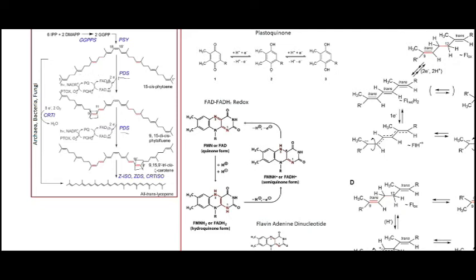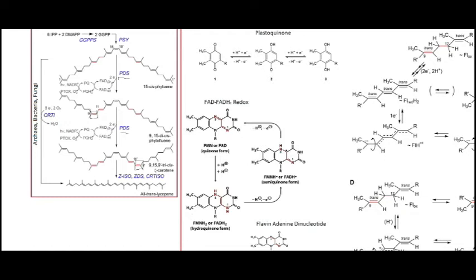From the FAD, it's taking electrons, which is reducing the FAD, which then passes the electrons onto the plastoquinone, turning it from this into this, and then the plastoquinone actually passes that on to oxygen here, which would then turn that into water. So this is kind of a convoluted process.